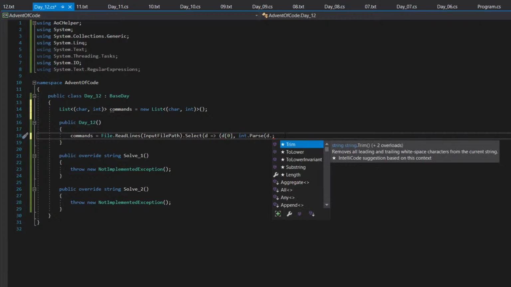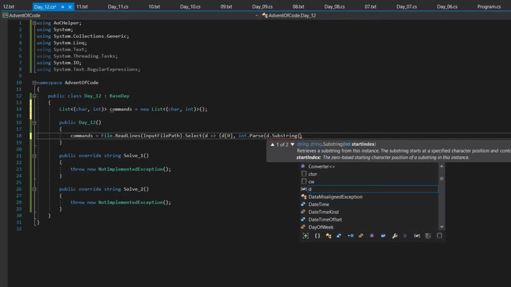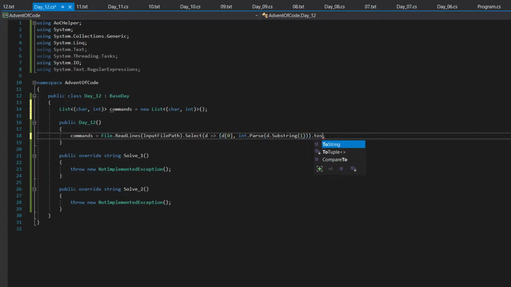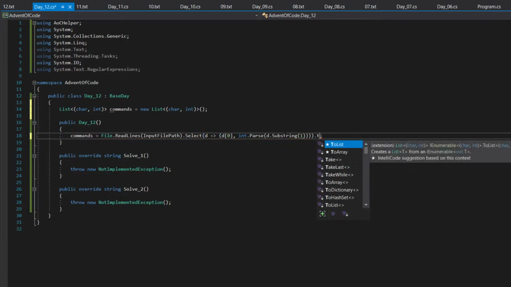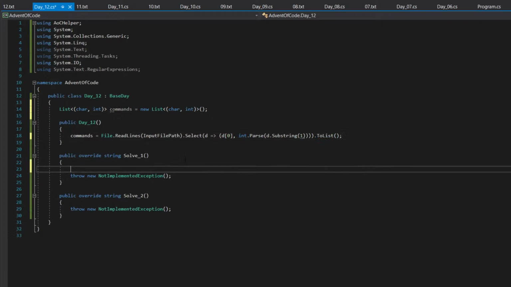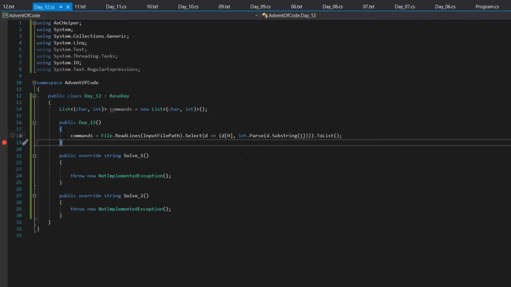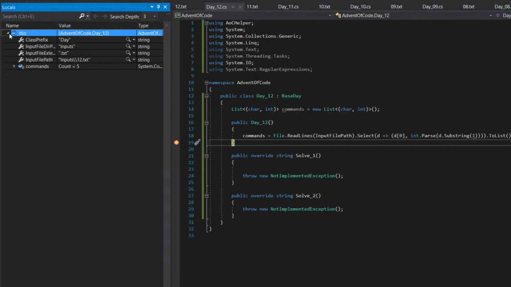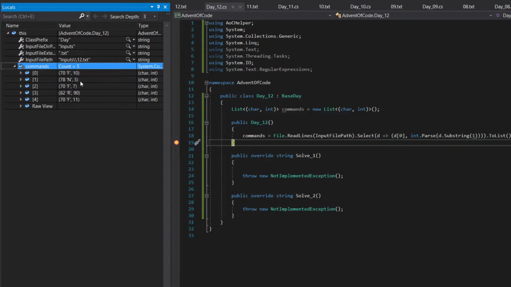D dot substring of start index of 1. One more parenthesis. Send that to a list. And voila, we've parsed. So let's check that out, see how that looks. And I'll move this to the side so you can actually see when I'm looking at these locals. So commands: F10, N3, F7, looking good.